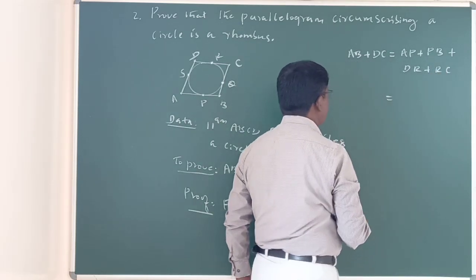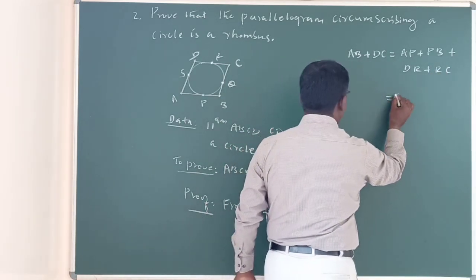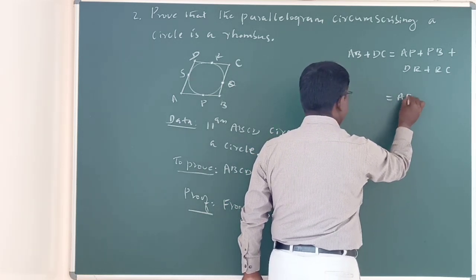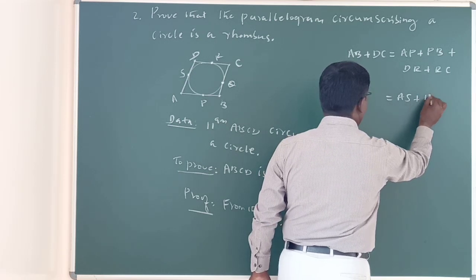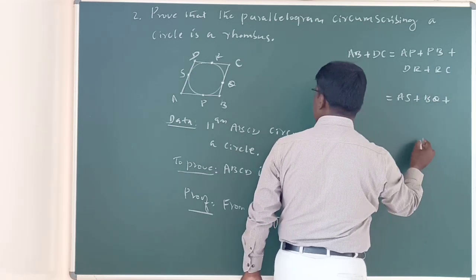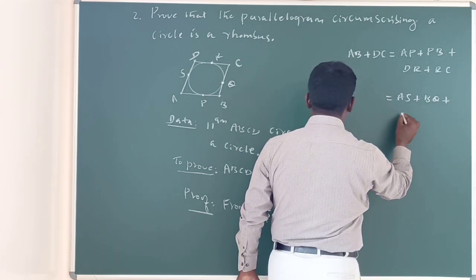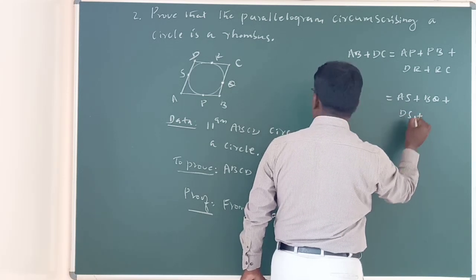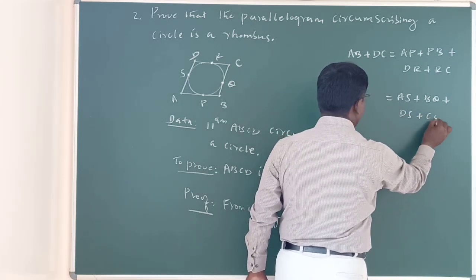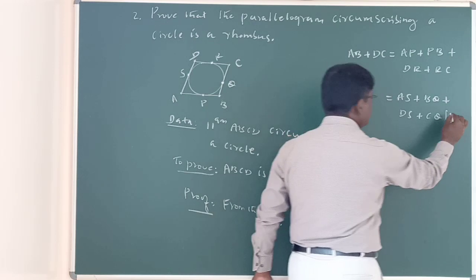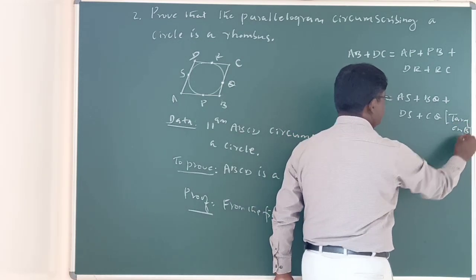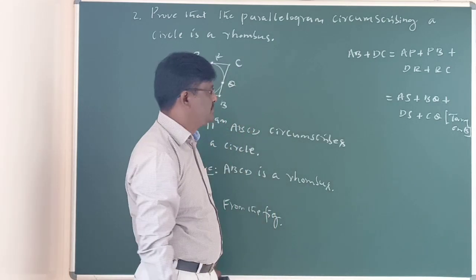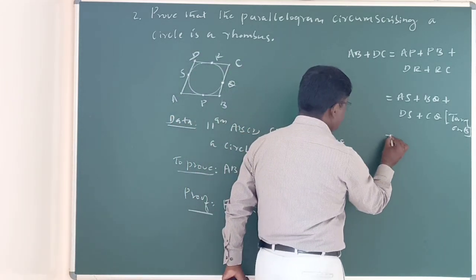This equals AS plus BQ plus DS plus CQ, since AP equals AS, PB equals BQ, DR equals DS, RC equals CQ. Reason: tangents drawn from external points. Just mention tangents, that's enough.